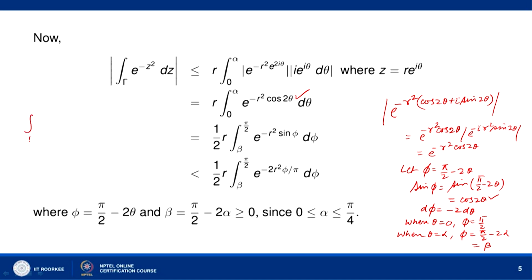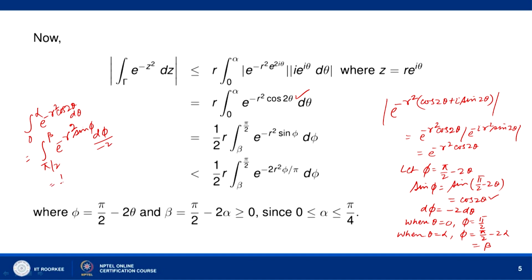Integral 0 to alpha e to the power minus r square cos 2 theta d theta will be replaced by, for 0 we get the limit pi by 2, for alpha we get the limit beta, e to the power minus r square cos 2 theta becomes sin phi, and d theta becomes minus d phi by 2.